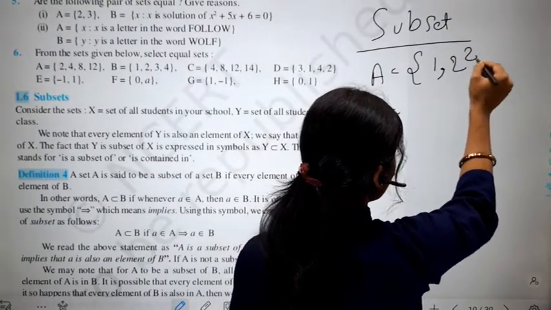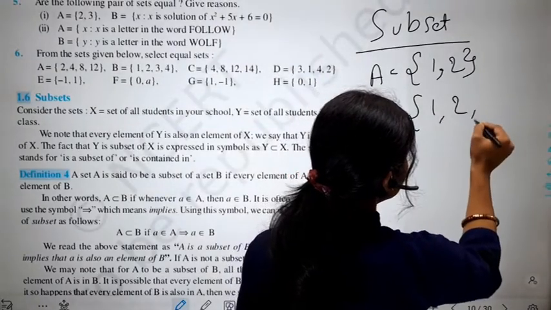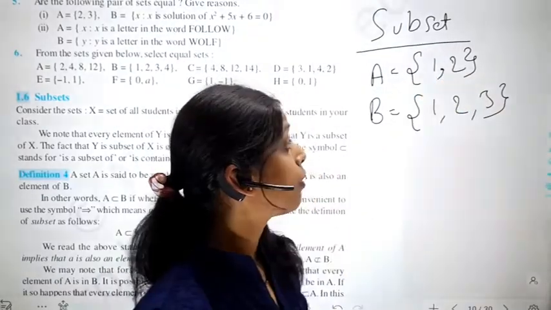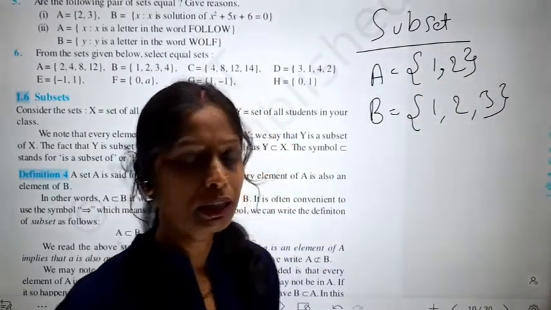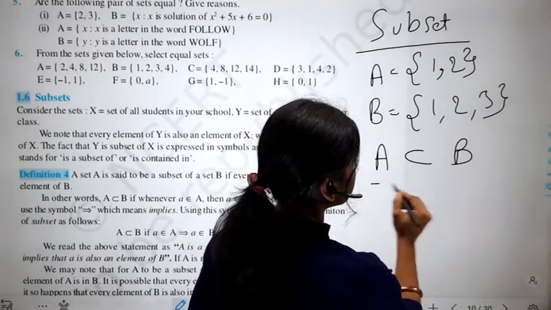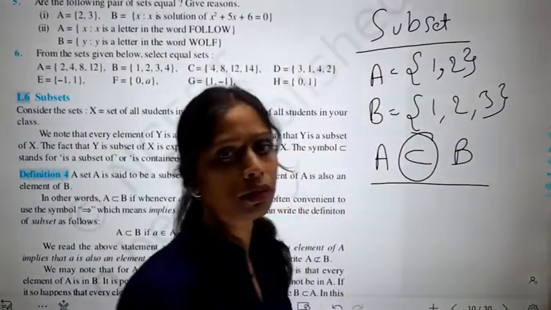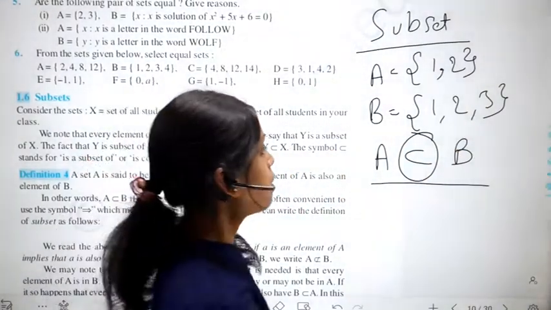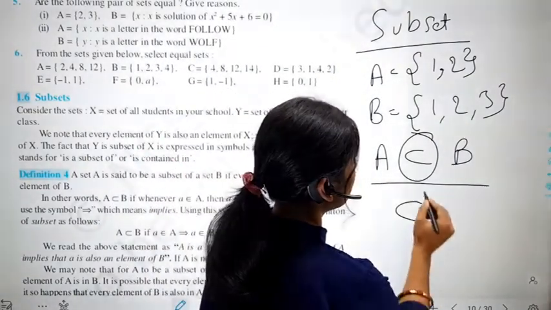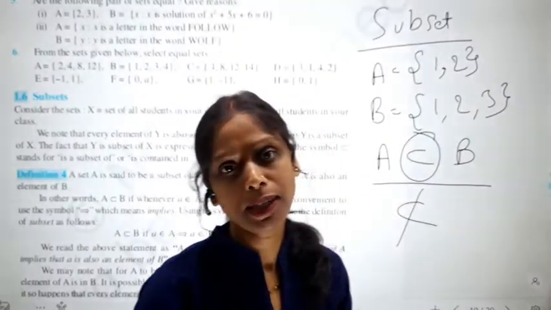Let us suppose 1 and 2 are the elements of A and 1, 2, 3 are the elements of B. Then if every element of A is also an element of B, we can say in another way that A is a subset of B. And this is the symbol we use to represent a subset. If you have to say that A is not a subset of B, then you represent it like this. This is the notation of the subset.